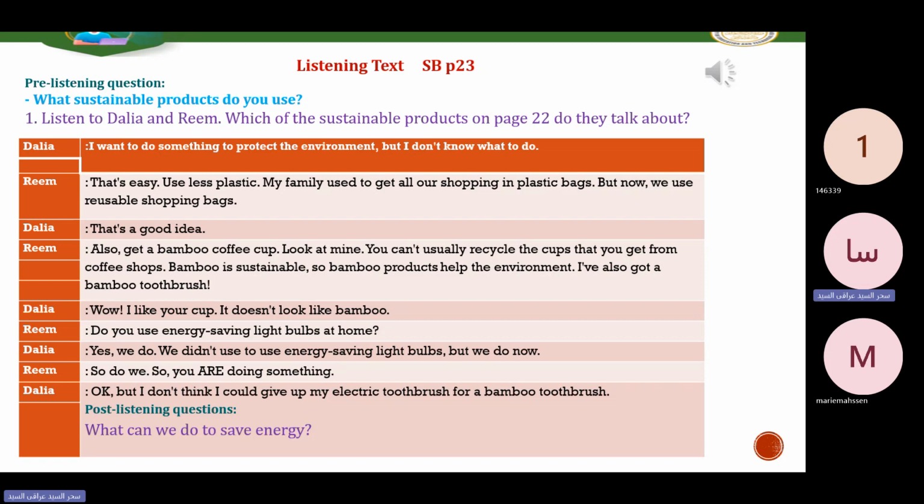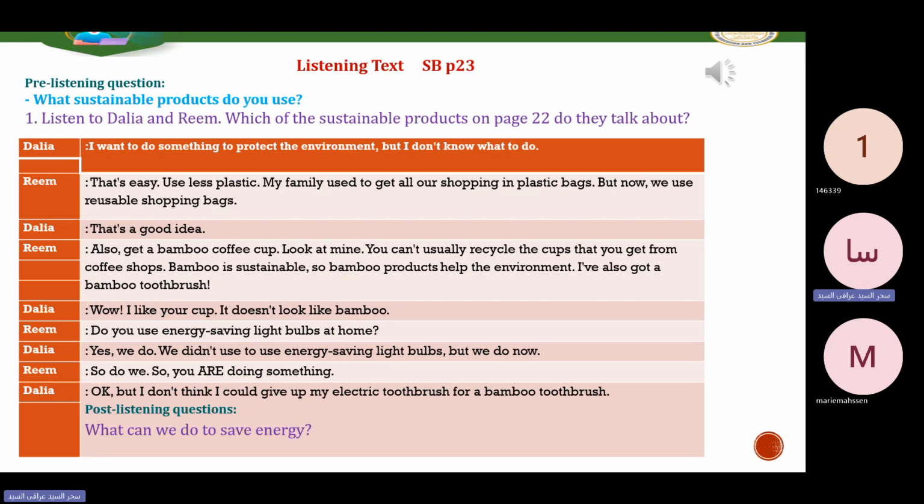Bamboo is sustainable, so bamboo products help the environment. I've also got a bamboo toothbrush. Wow, I like your cup. It doesn't look like bamboo. Do you use energy-saving light bulbs at home? Yes, we do. We didn't used to use energy-saving light bulbs, but we do now. So do we. So you are doing something. Okay, but I don't think I could give up my electric toothbrush for a bamboo toothbrush.